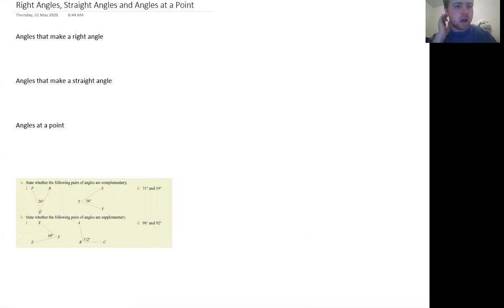First of all, we need to remember, and this is something that you would have done last year, that angles that make up a right angle, that is, that make 90 degrees, we call complementary angles.